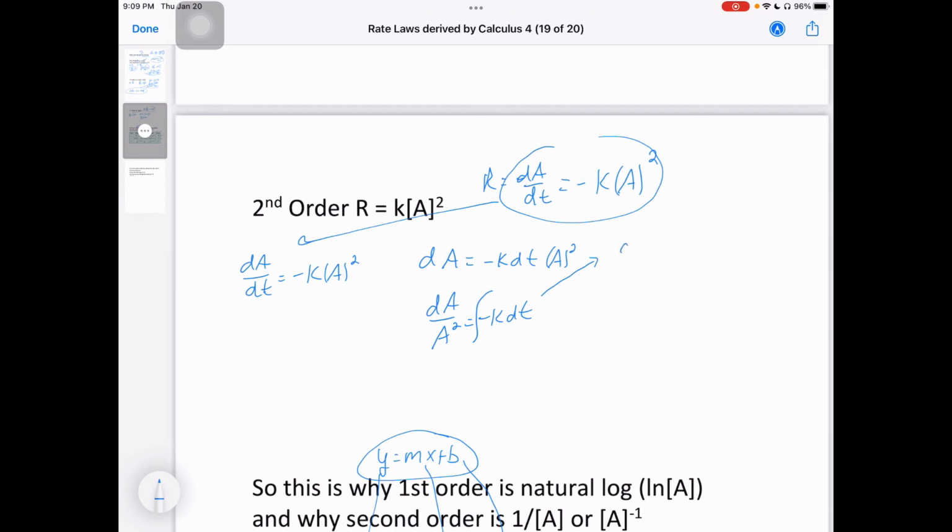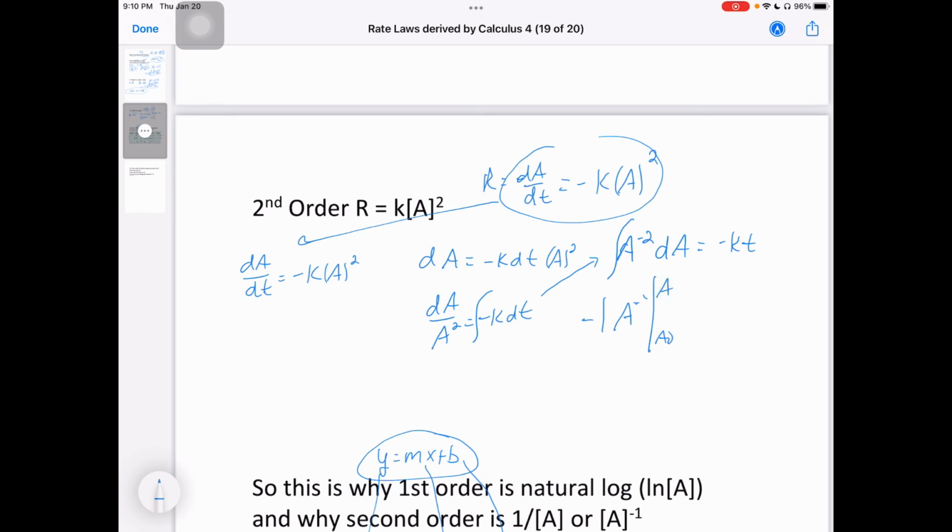It's going to be A to the -2 dA, and I'm going to integrate that polynomial. If you know the polynomial rules for integrating, it's going to be negative something to the -1 power. And what would I need to cancel that? I need a -1, A to the -1, evaluated from A0 to A.